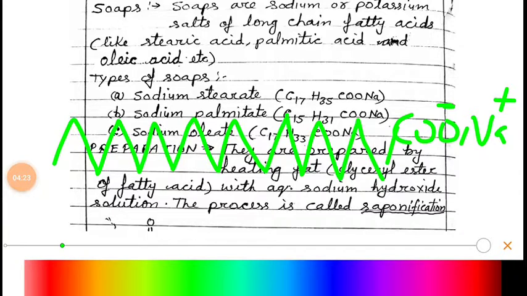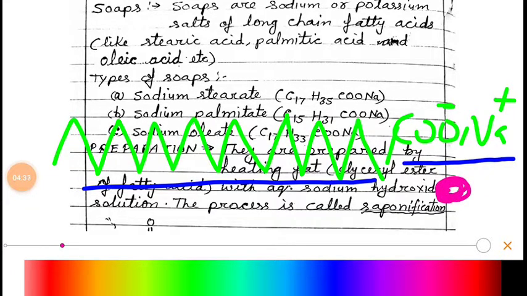And what did I tell you in the previous video? This end of the soap molecule is ionic in nature, and this end is non-ionic in nature. This end is hydrophilic in nature. Hydrophilic means water loving end, and this end is hydrophobic in nature. It means this is water hating.